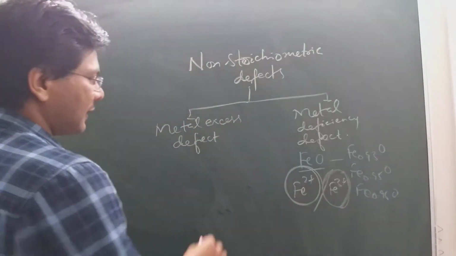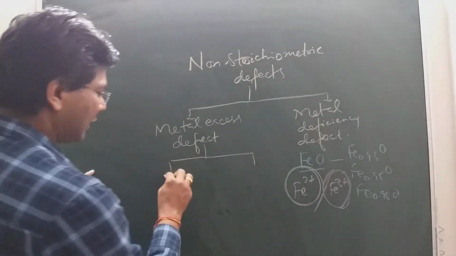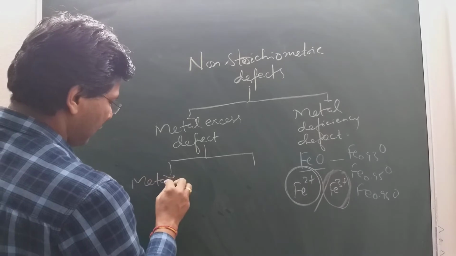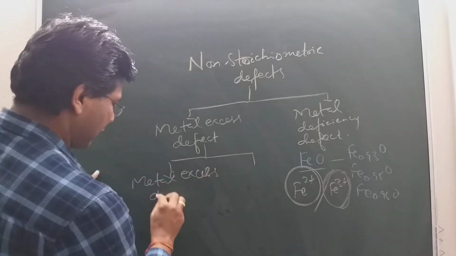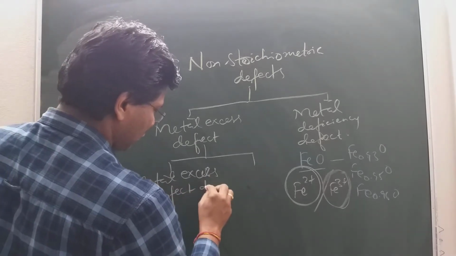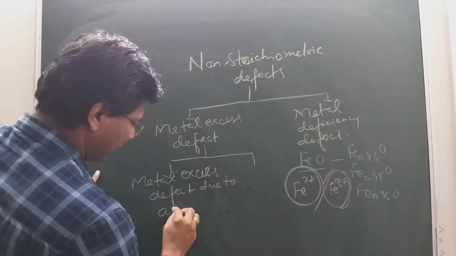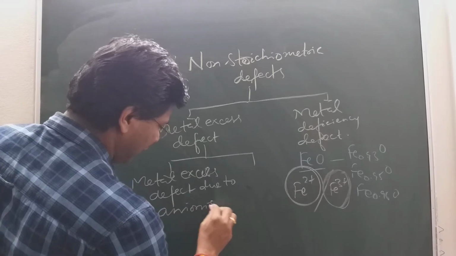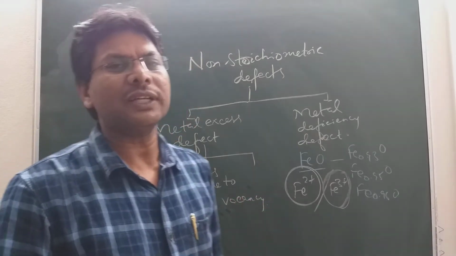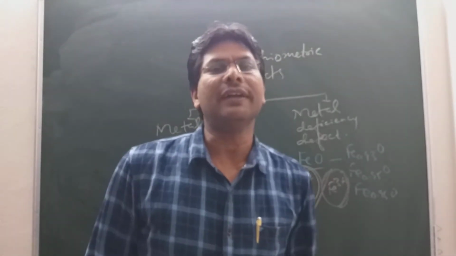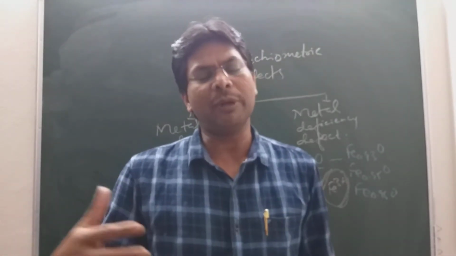Now coming to metal excess defect, these are of two types. First, metal excess defect due to anionic vacancies. What happens when a crystal of sodium chloride, lithium chloride or potassium chloride is heated in the vapors of sodium, lithium and potassium respectively?